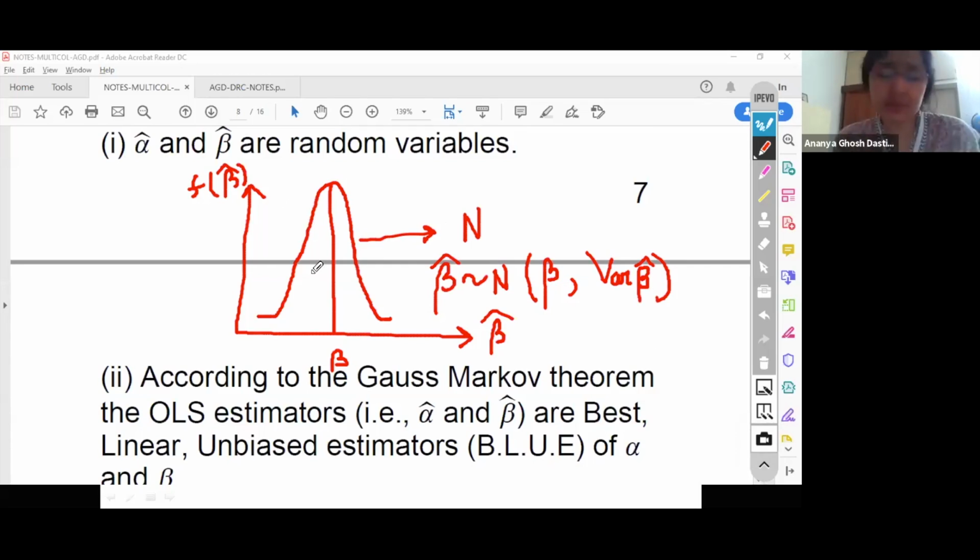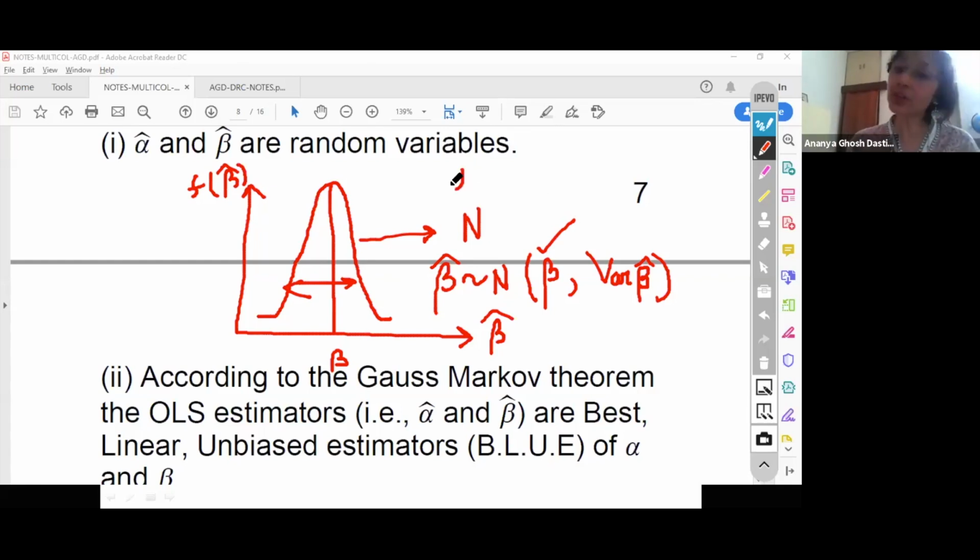Probability densities have means and they have variances. These are moments of the distribution. These are basic things you have to understand. The variance of the distribution is of course given by this spread. So unbiasedness essentially is a property of the means of the distribution.